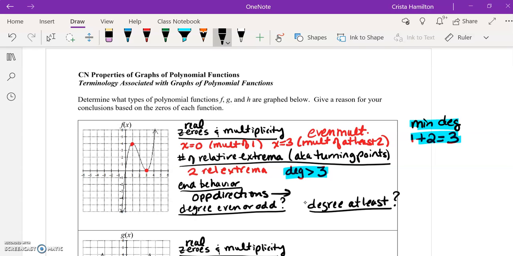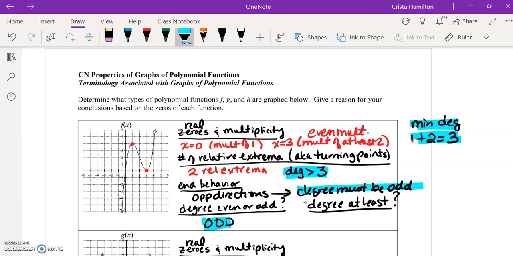And what that tells me when the end behavior goes in opposite directions is that the degree must be odd. All right, so that's our answer down here below, degree, even or odd. The answer is odd. So I can tell that simply by looking at what the end behavior is actually doing.